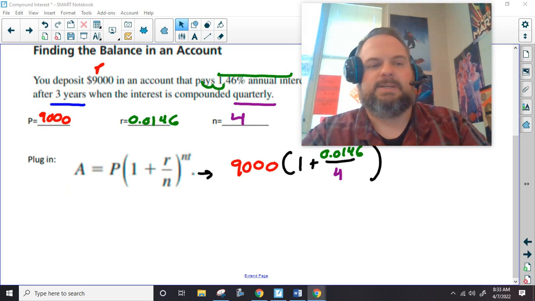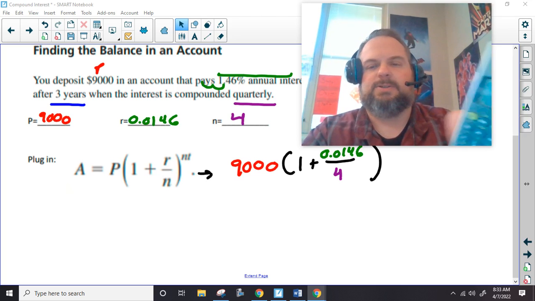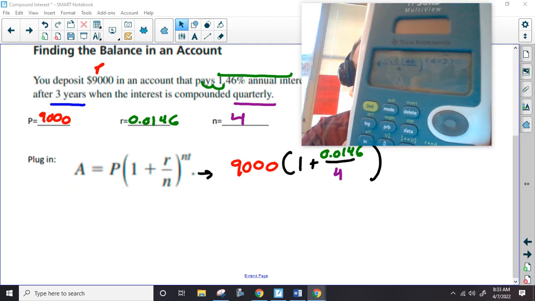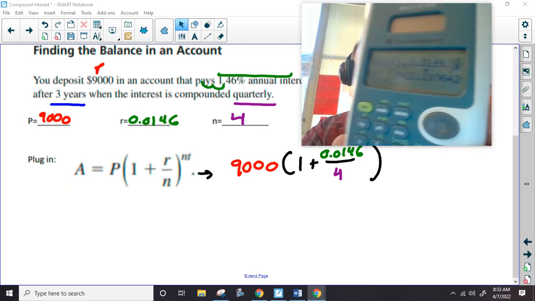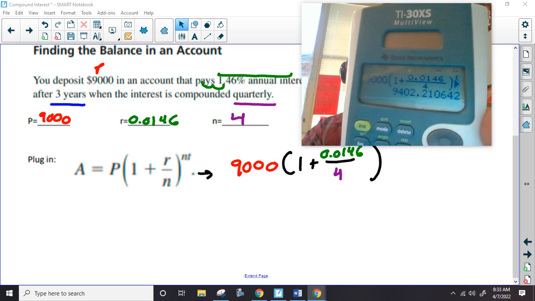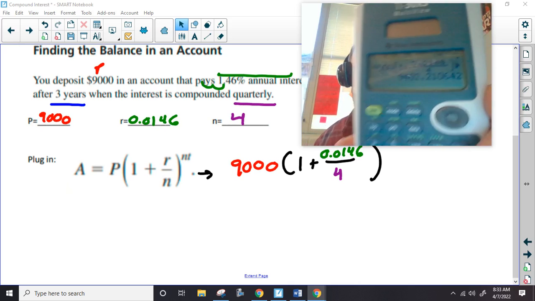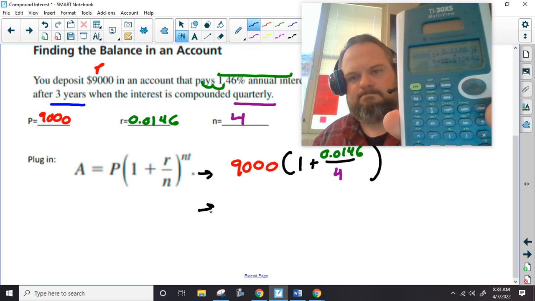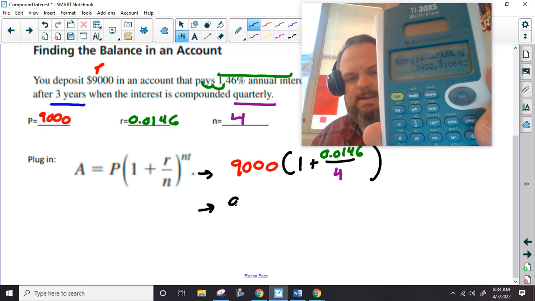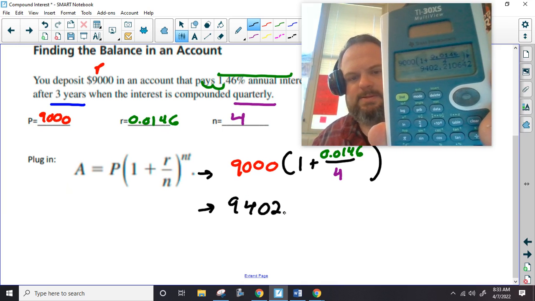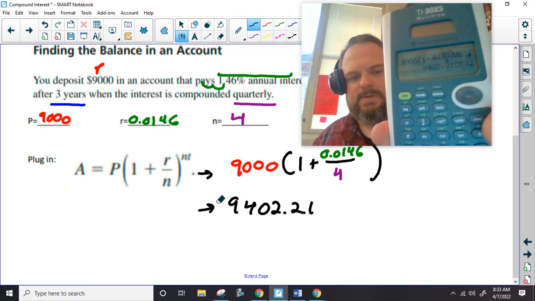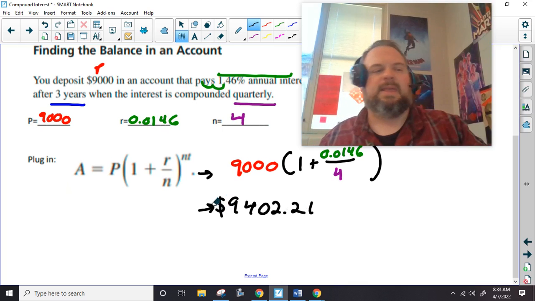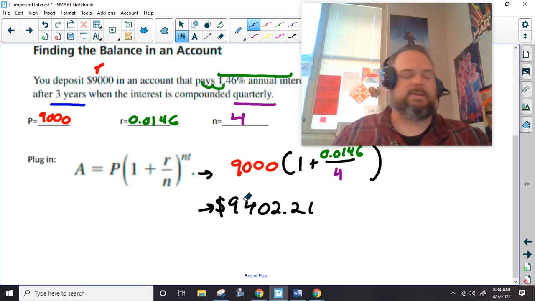Then you could put in parentheses 4 times 3, or you could do the math and it'd be 12. Okay, so we have $94,002.21. Now, that's if you are good with your calculator.